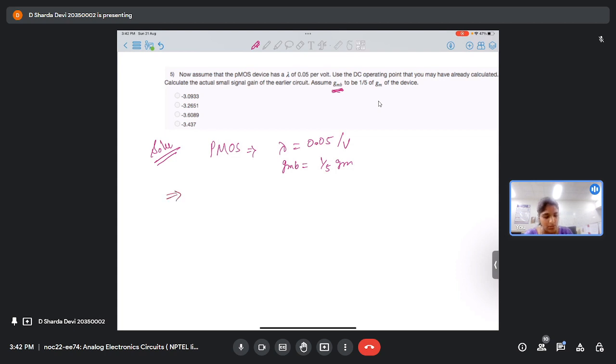So we always have this practice, that is we basically try to short the body with the source. This is the basic idea, so that VSB turns out to be 0. But this is not true always.